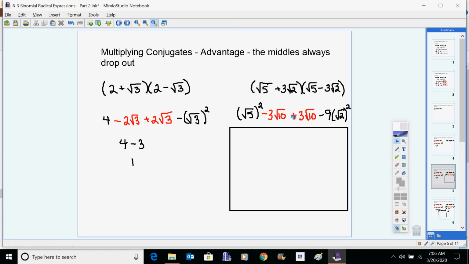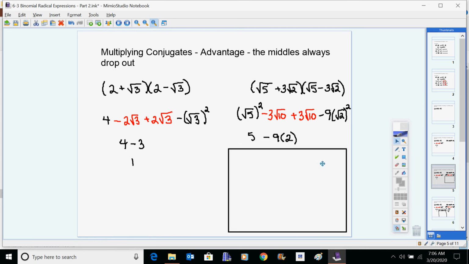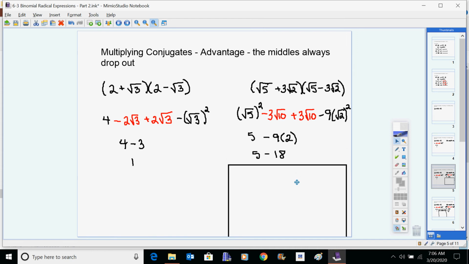Here's our middle terms that are going to drop out anyway, so we really don't even care about them. And then here's our end term, 3 times 3 is 9, square root of 2 squared, which is going to give us a 2. So this one becomes a 5. This becomes 9 times 2, which is 18. These two disappeared, and we end up with negative 13.